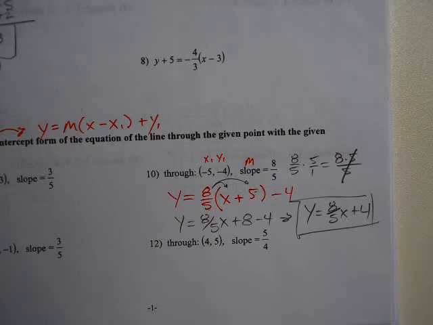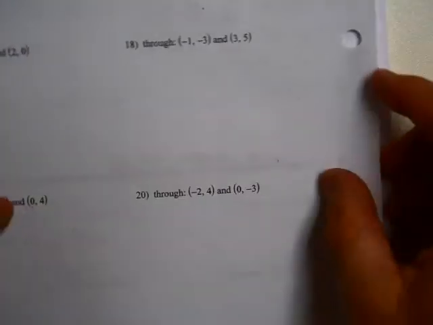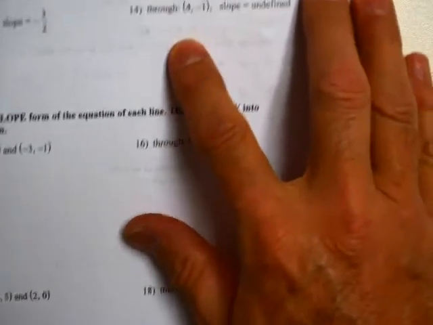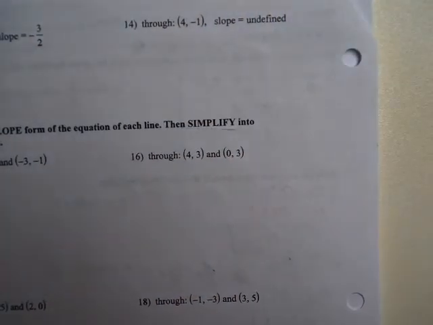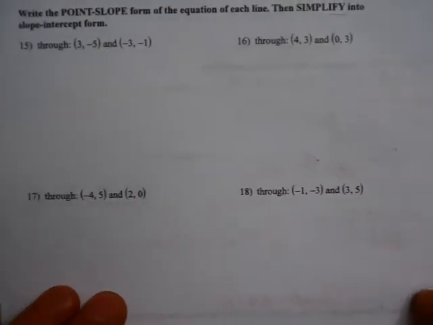All right. My bet is that most of these will cancel something. So let's move into the back of the first page here. Number 14, that's going to be a tricky one. I'd be curious to see how you do with that without me giving you some pointers.